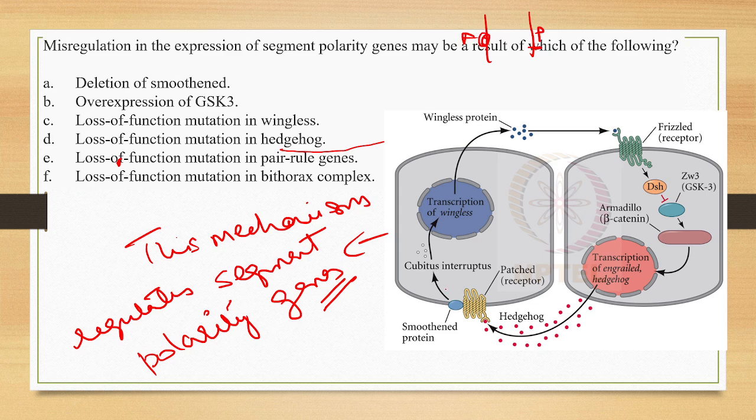Now, deletion of smoothened. If smoothened is deleted, then the patched receptor cannot bind to hedgehog, because patched along with the smoothened protein helps in the binding of hedgehog. If hedgehog is not bound, wingless transcription will not take place. If wingless transcription does not take place, it cannot bind to Frizzled proteins, and therefore transcription of engrailed and hedgehog will not take place. So that means if there is a deletion of smoothened protein, then there would be misregulation. So A is the correct answer.